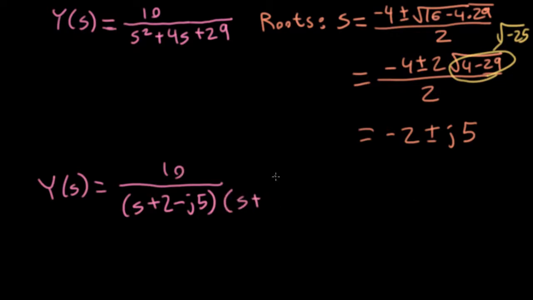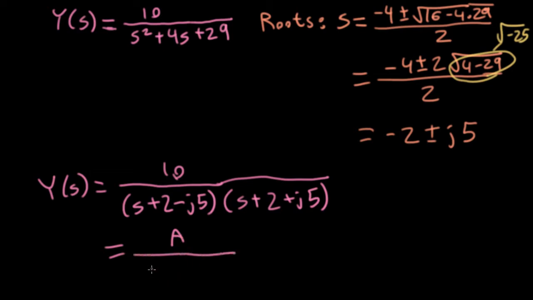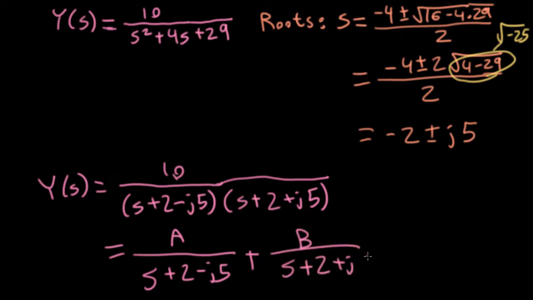And then the other factor will be s plus 2 plus j5, and that corresponds with the root with the negative imaginary component. So then the partial fraction expansion will look like A over s plus 2 minus j5 plus B over s plus 2 plus j5.